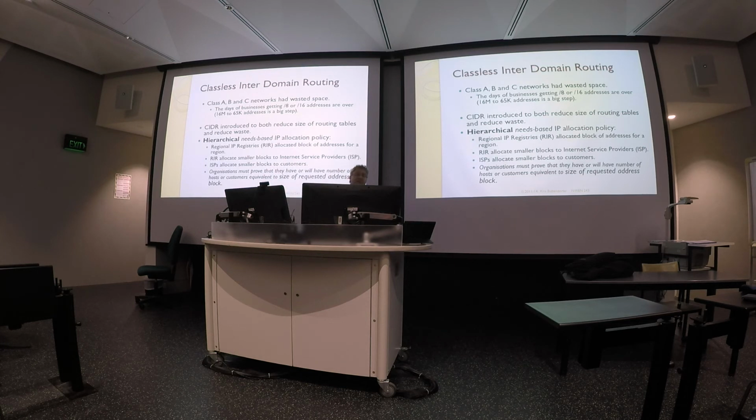And as I said, the jump between those two sizes, 16 to 65,000, is big. So if you've got 70,000 machines, you're going to end up wasting 15 point something around a million addresses.